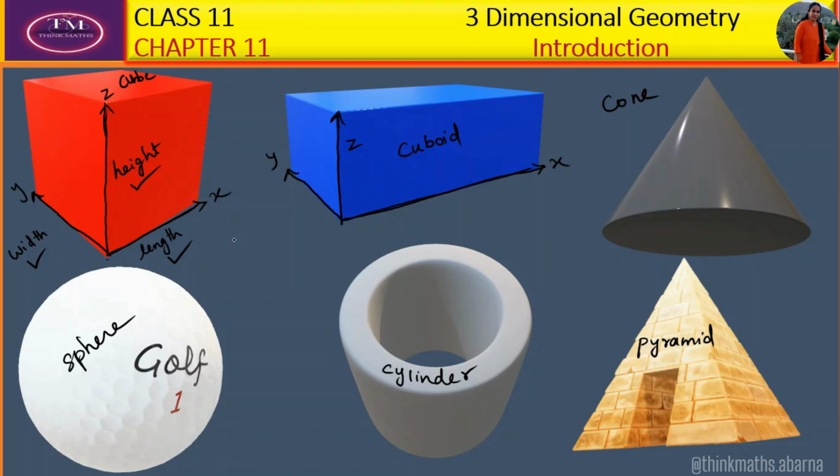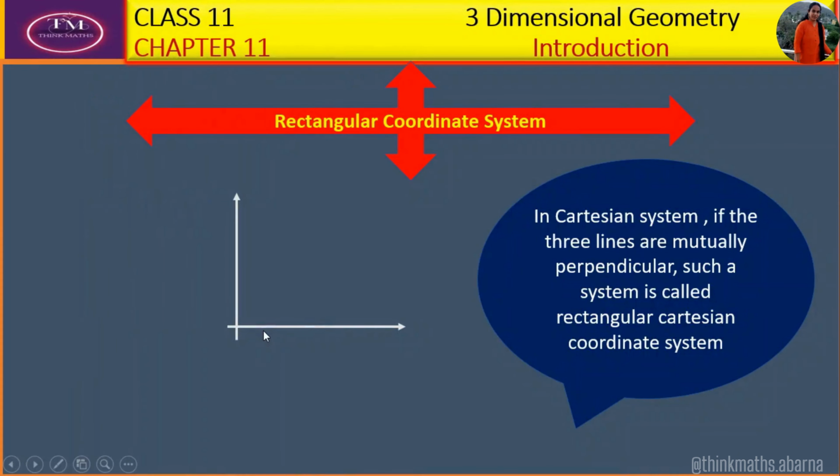If we take a point in space, x and y are two-dimensional, and this z is the height. So the point P will have three coordinates. This is the basic for three-dimensional geometry. Clear? So shall we go to next page?